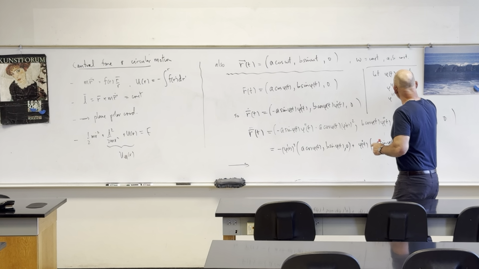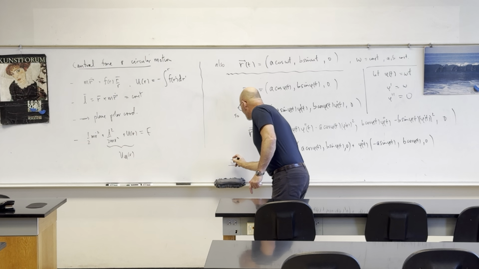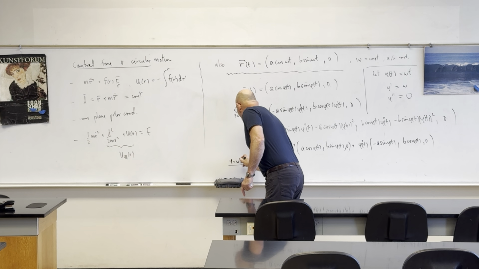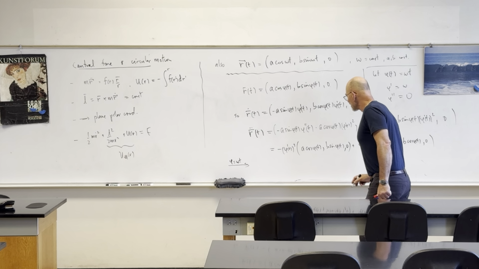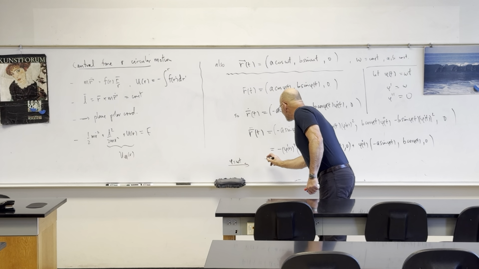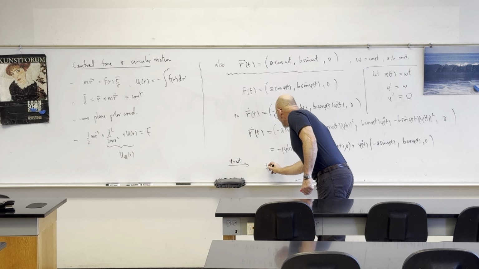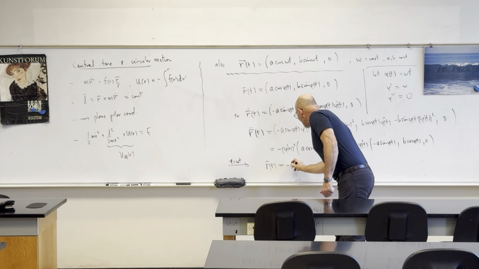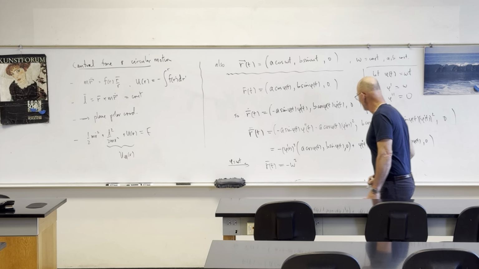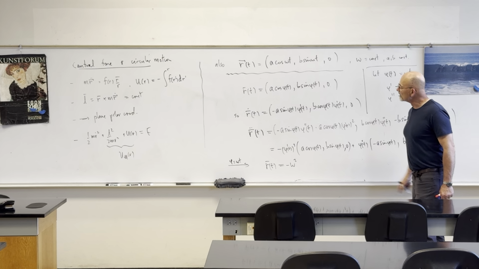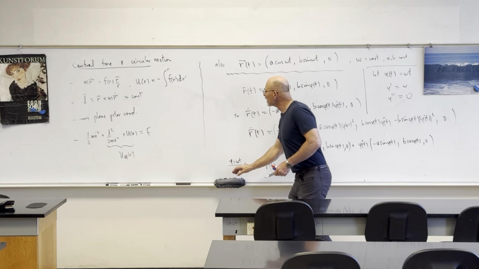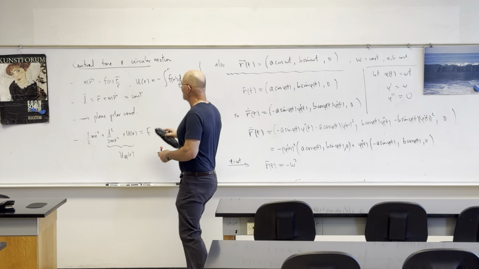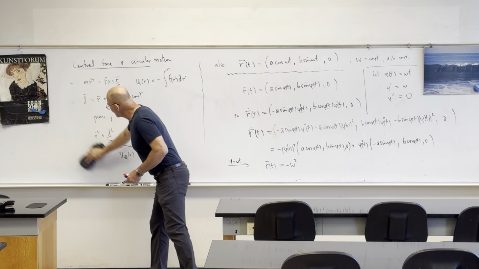So with this, with phi equals omega t, you're down at the top of the board. We have r double dot of t equals minus omega squared, and then our original vector r.